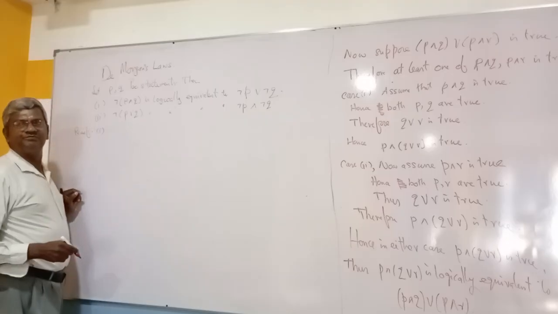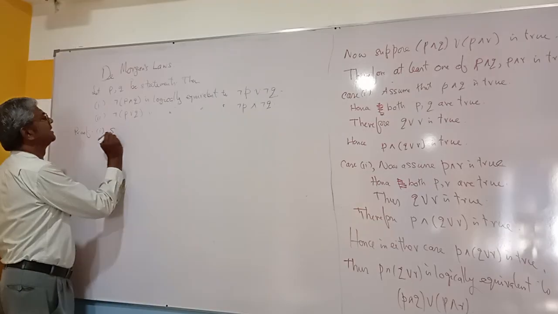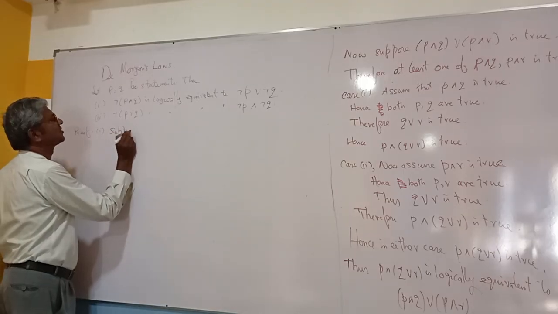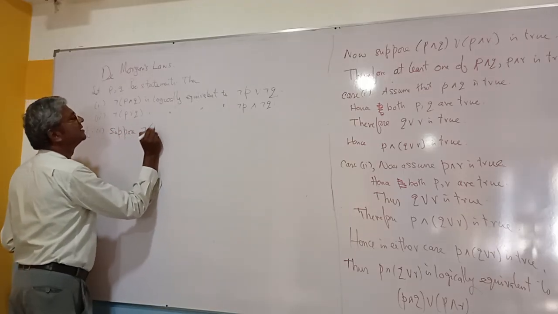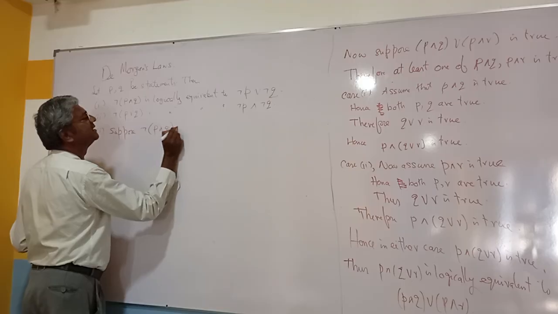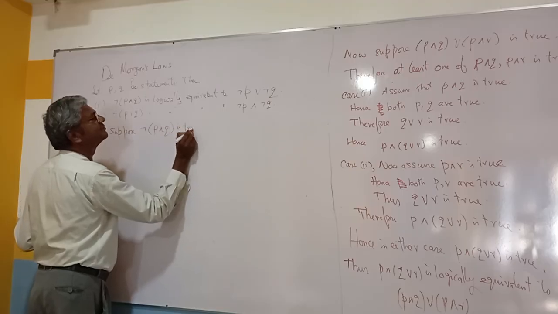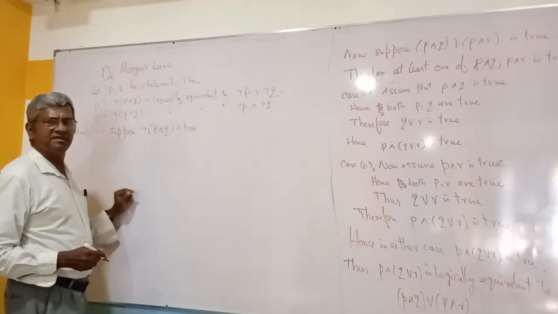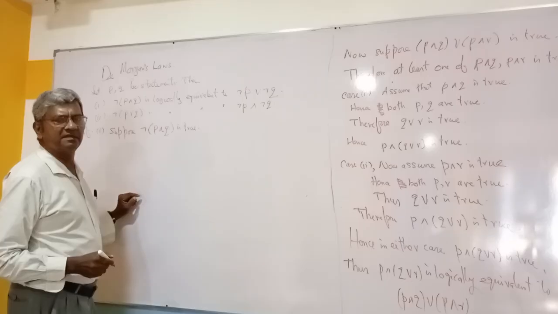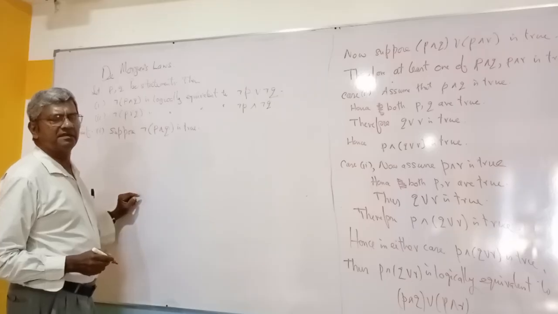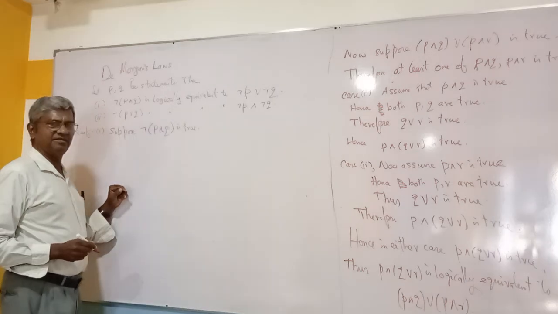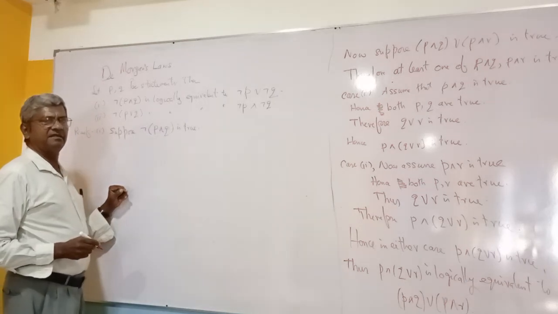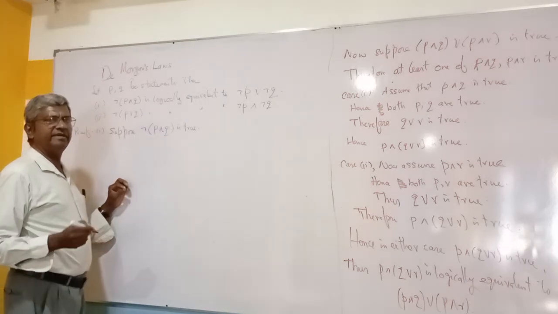How about you? Suppose not (P and Q) is true. Then what do we know?